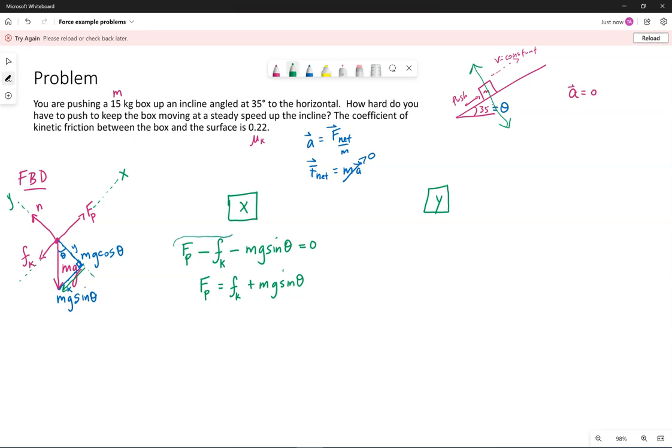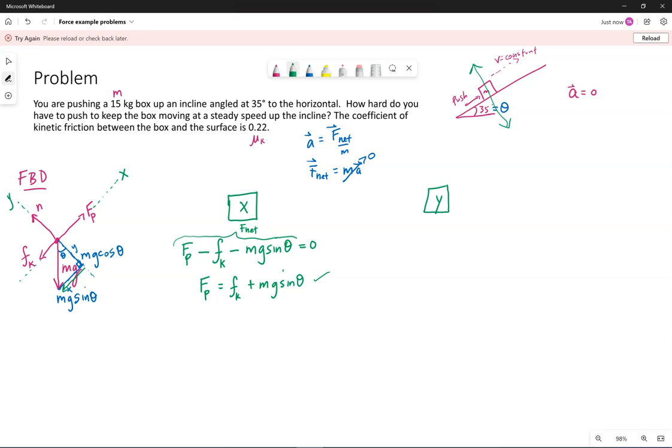So this first one is just writing out net force and setting it equal to 0. Because the acceleration is 0, we could have just jumped to this balanced situation. I'm getting in my habits of net force equals 0. I often write it out that way.